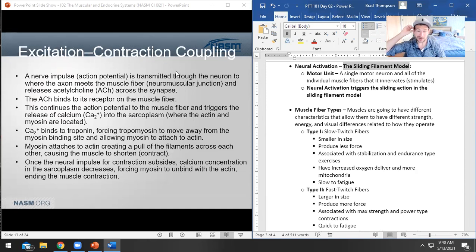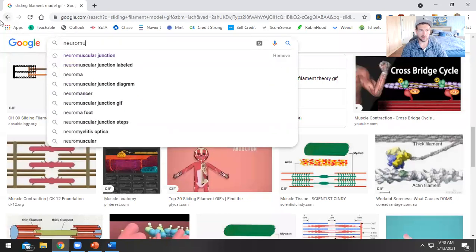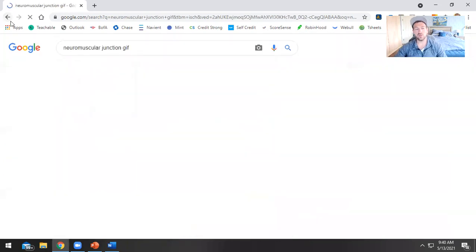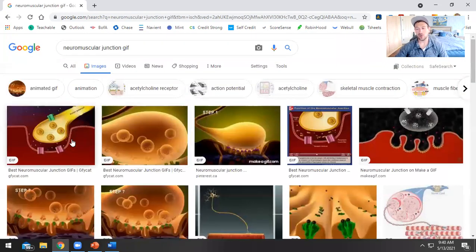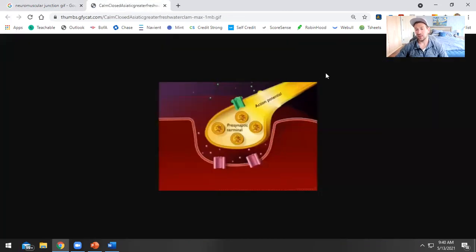And it's all described in this big, long, complicated slide here. But what is going to happen is your nervous system is actually going to interact with your muscular system like this. You'll see an electric signal travel down a neuron.